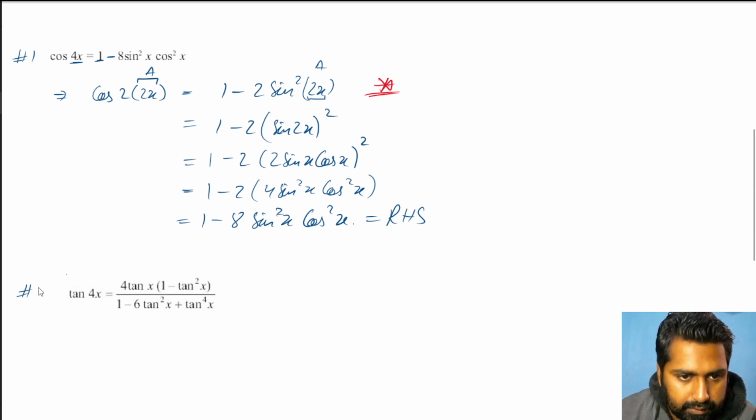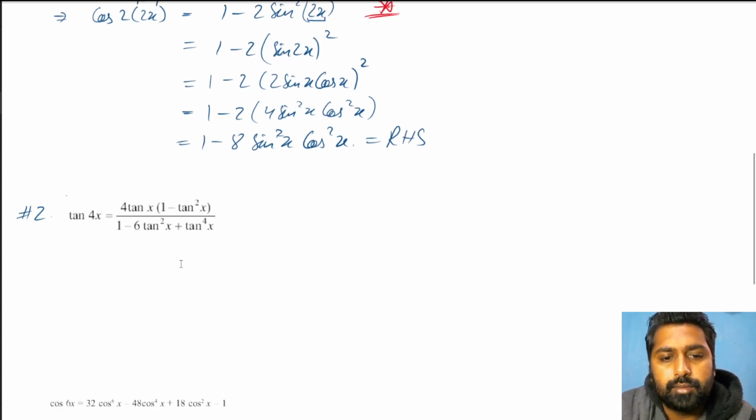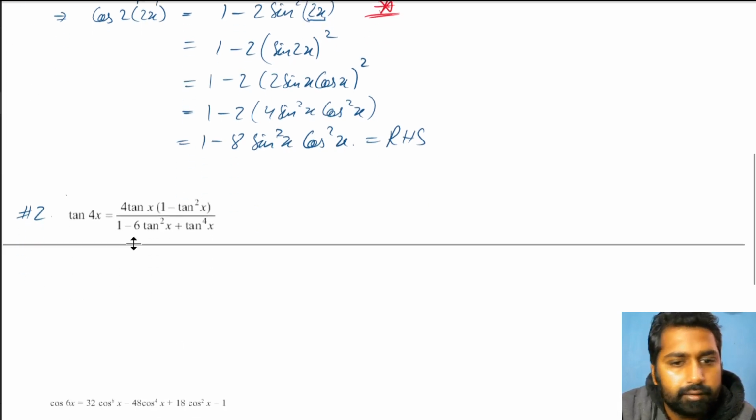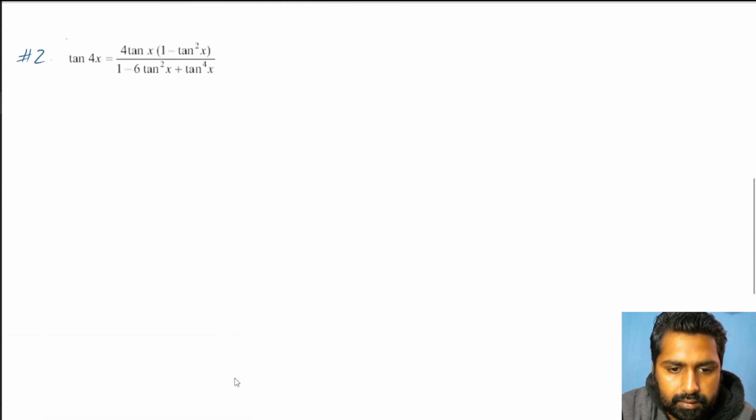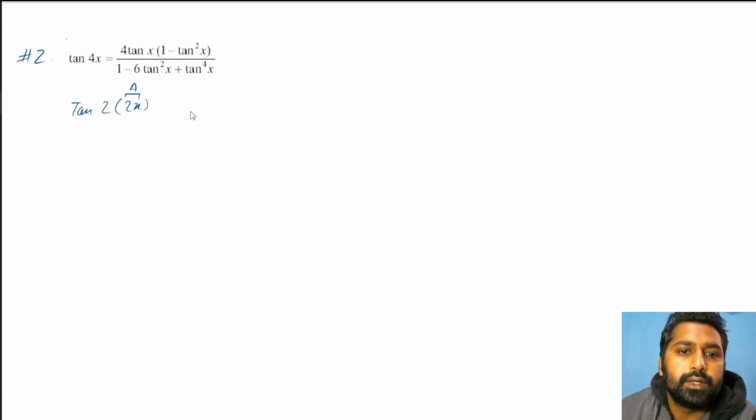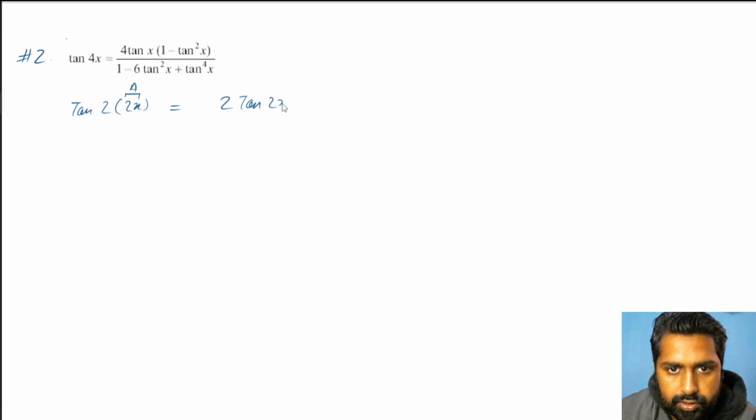Next one, second. Now this time you have to prove tan 4x as something. Okay. So again we'll use the same idea, double of double. So I'll write first of all tan of 4x as 2 times 2x, and this will be my a. So you'll read it like tan 2a. Now the formula is 2 tan a, which is 2x, upon 1 minus tan square 2x.